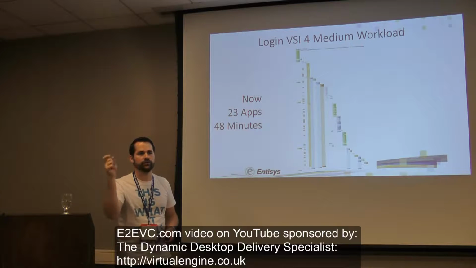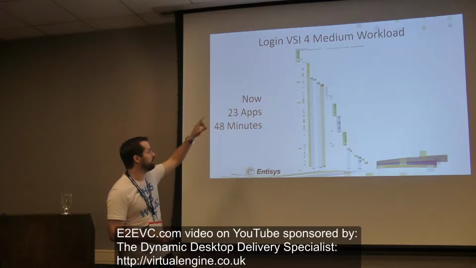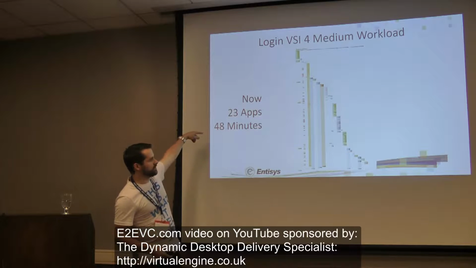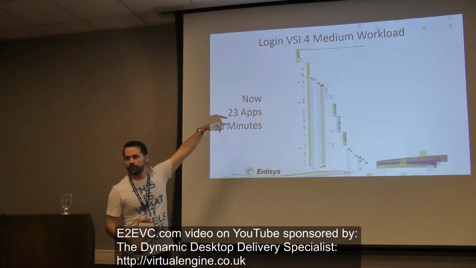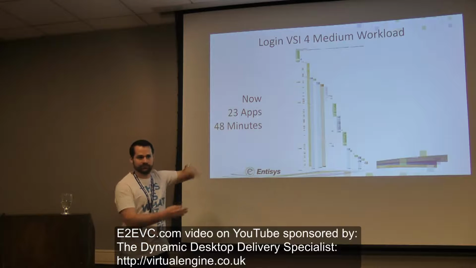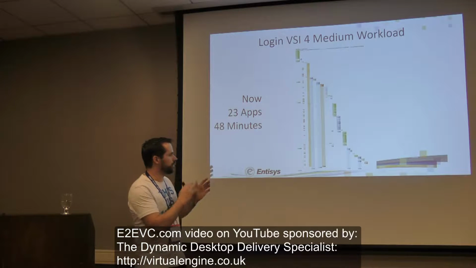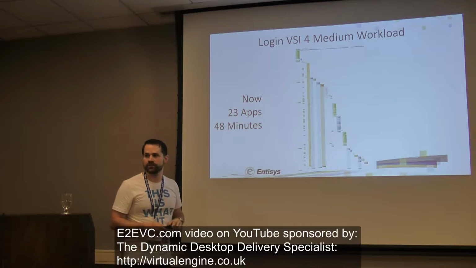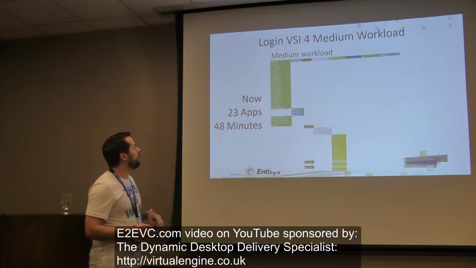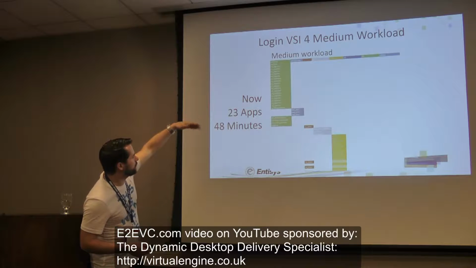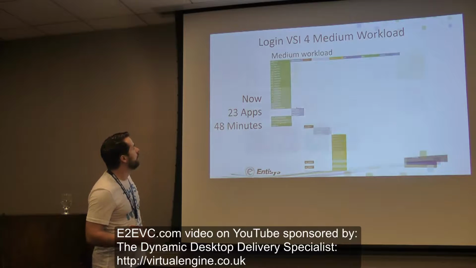Was it 3.7, was it 4? Because this medium workload lasts about 48 minutes, has 23 applications. It's a significant workload, or 23 different application instances, okay? And that's just a snippet of it, a couple of different things throughout here.